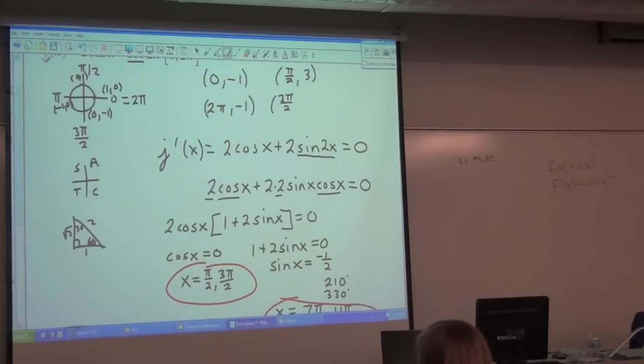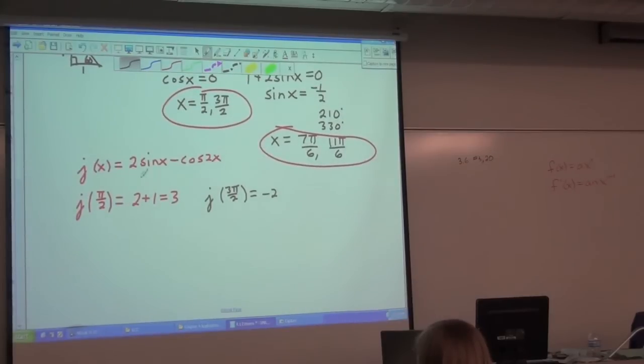So cosine of 3 pi is negative 1. So that would make it a positive 1. Negative 2 plus 1 is negative 1.